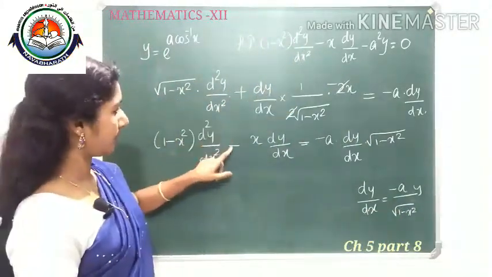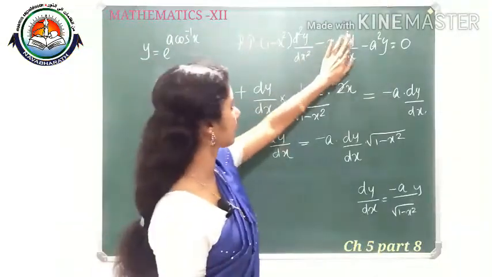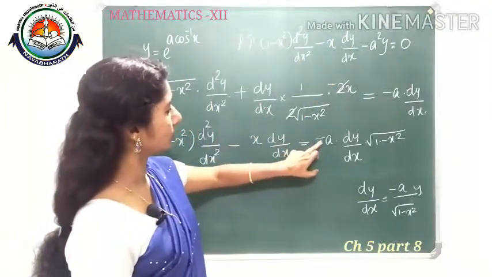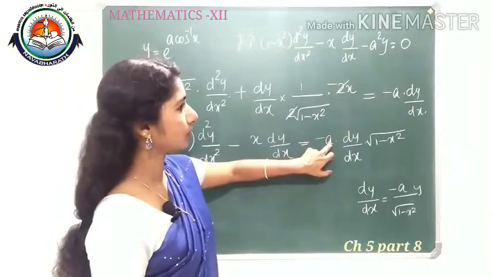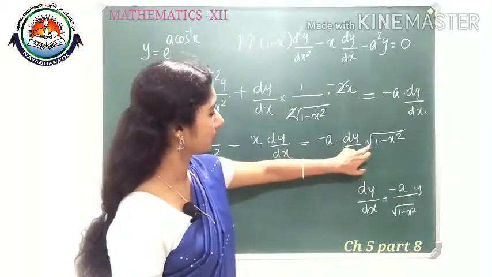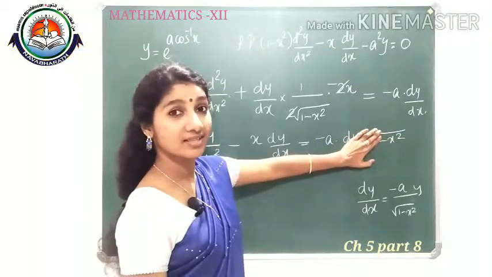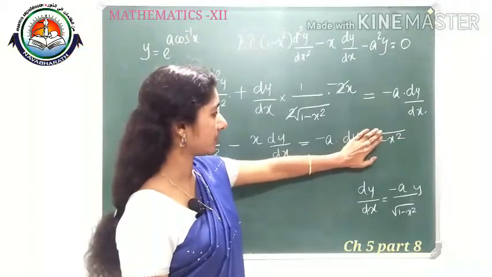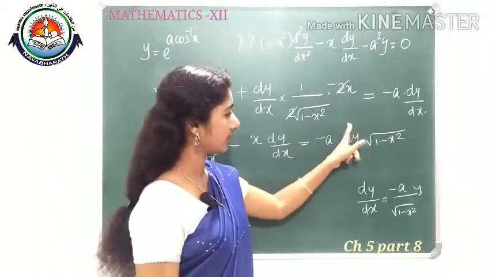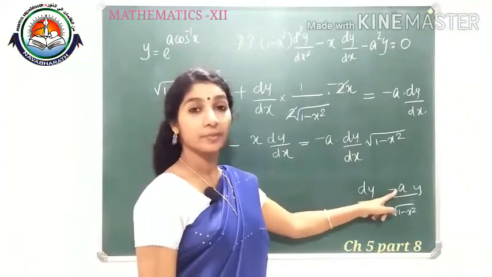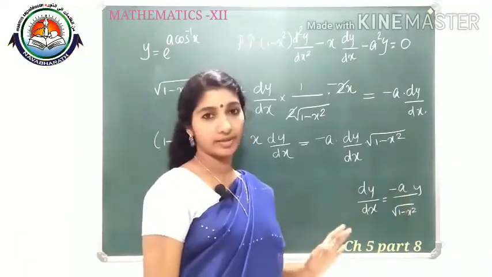That is ready. Minus x into dy by dx is also ready. Right side equal to minus a into dy by dx into root of 1 minus x square is there. So this expression is not there in our answer. So we can replace this expression by changing dy by dx. Dy by dx value we can replace by minus a y by root of 1 minus x square.